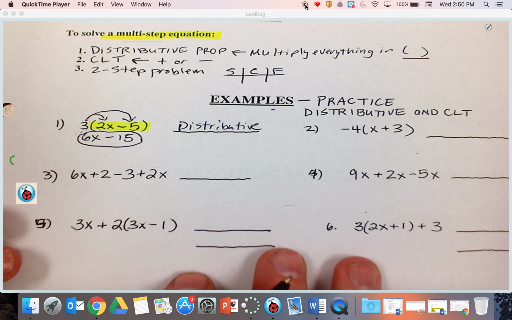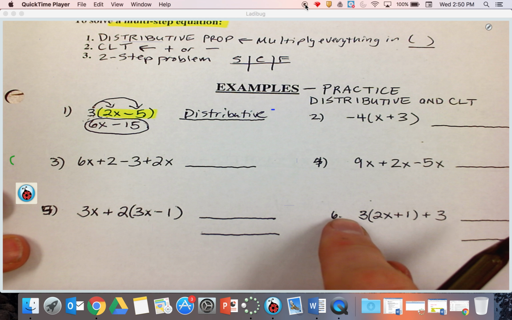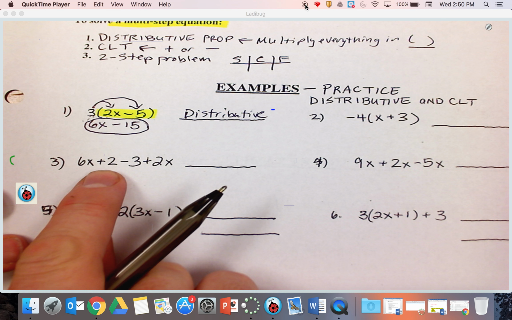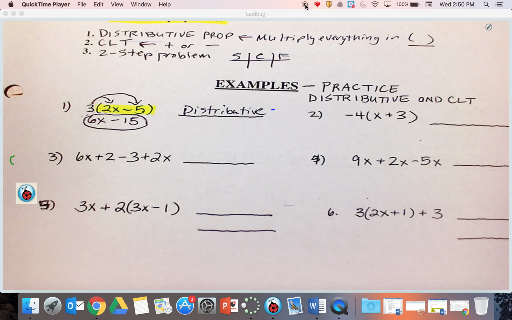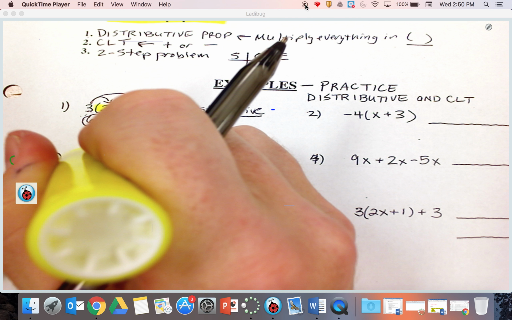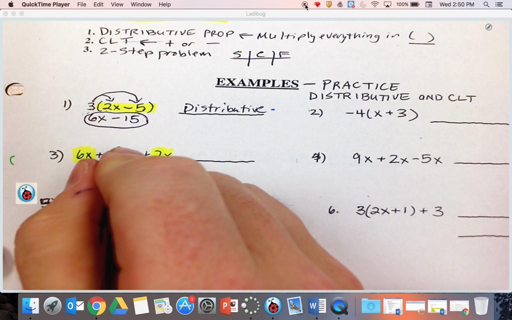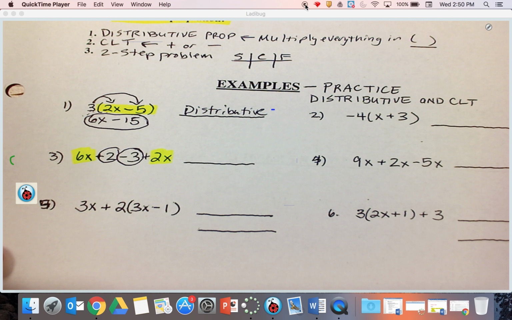Okay, if I do another one here, I look at number 3, because remember you're going to do 2, 4, and 6. Number 3, I don't see any parentheses, so distributive property is out. But I have some things that are alike. I have a 6x and a 2x, and I have a 2 and a negative 3. So I can put those together and simplify it.